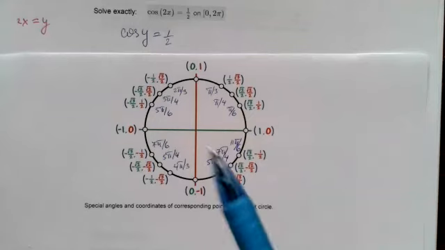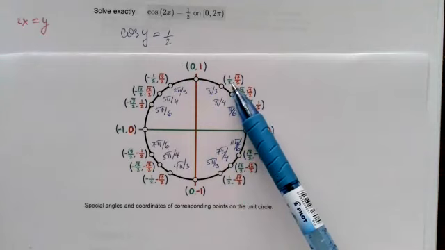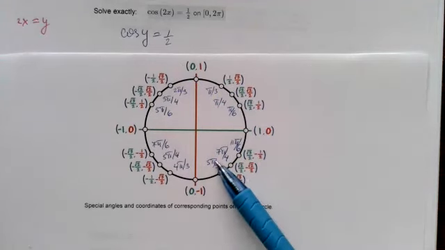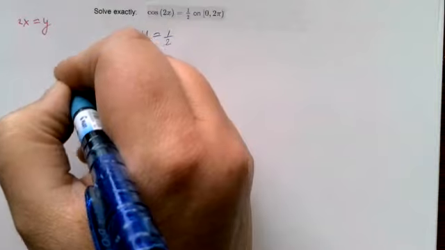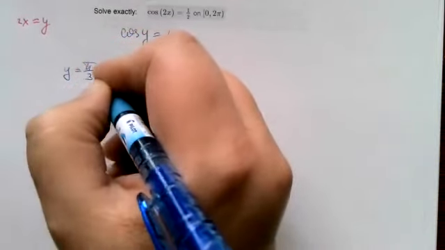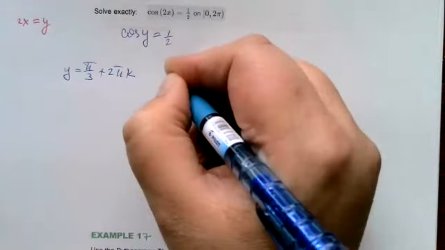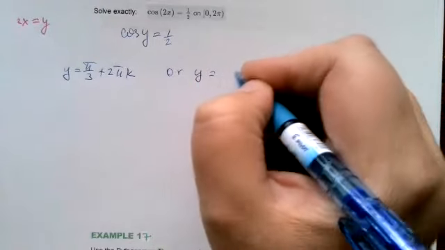So we have two angles that satisfy that equation. It's pi over 3 and also 5 pi over 3. So this is what we're gonna write. We're gonna say y is pi over 3, right? But we also are gonna add 2 pi k on top of it. Or y is, what was it, 5 pi over 3?